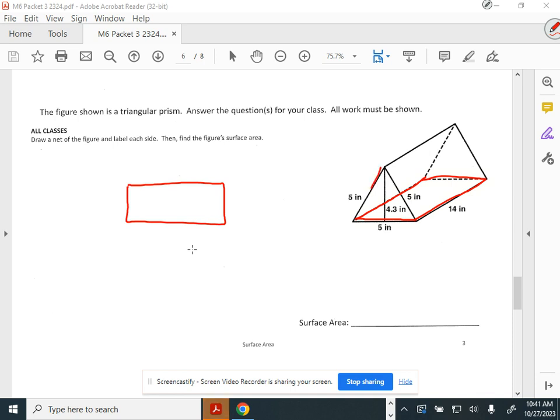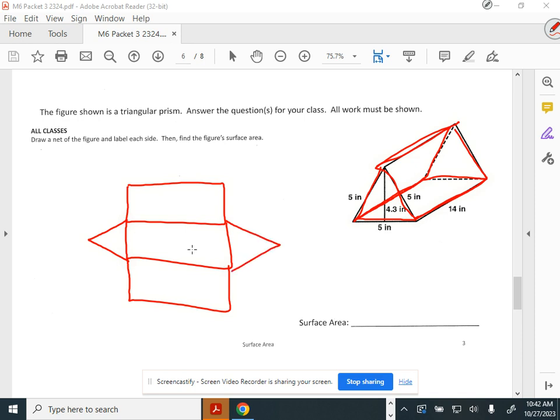I have one big rectangle for a side and another big rectangle on our other side. So if I fold up those three sides, what shape do I have on the ends? Triangles. So I need to make my ends as triangles. So that's our net.